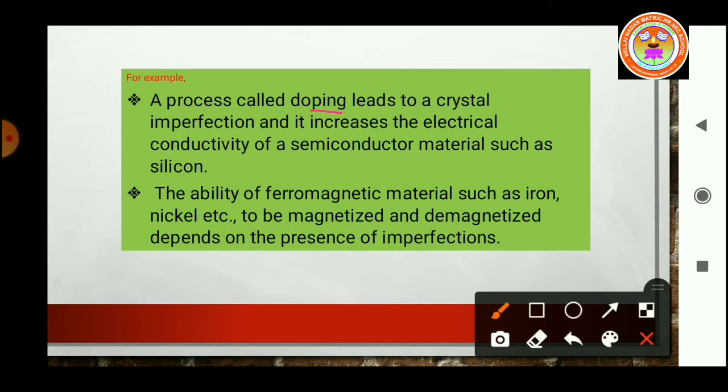For example, a semiconductor material is silicon. And the second one, the ability of ferromagnetic materials such as iron and nickel to be magnetized and demagnetized depends on the presence of imperfection.